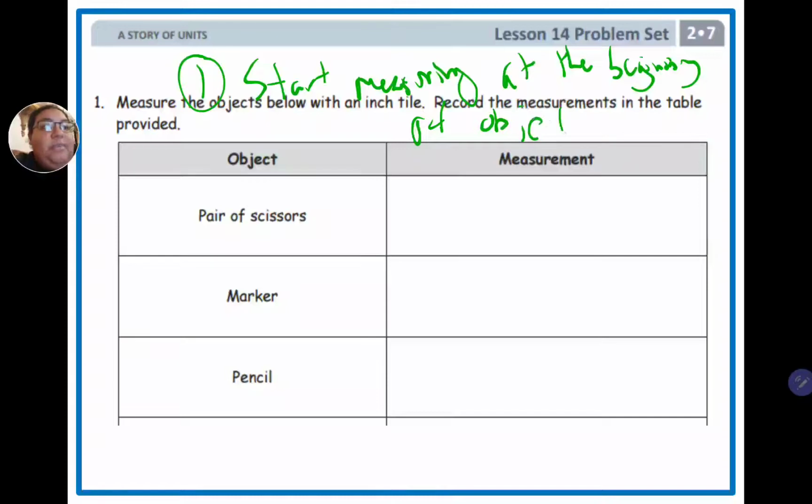Okay, so don't start measuring in the middle. You always start at the beginning and you always end at the end. Okay? And this will be approximate, so estimate it. Because remember I said that's the closest you're going to get to an inch tile. Just this little part right here, the finger. And just estimate it.